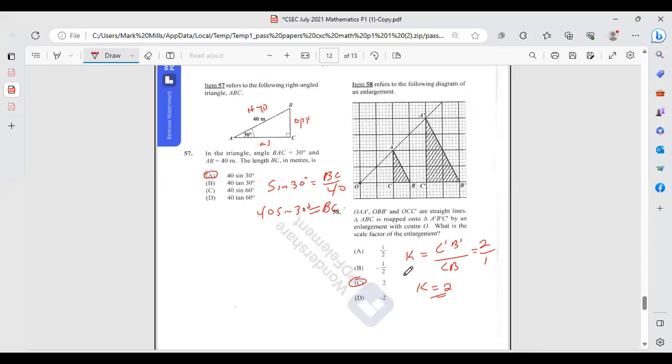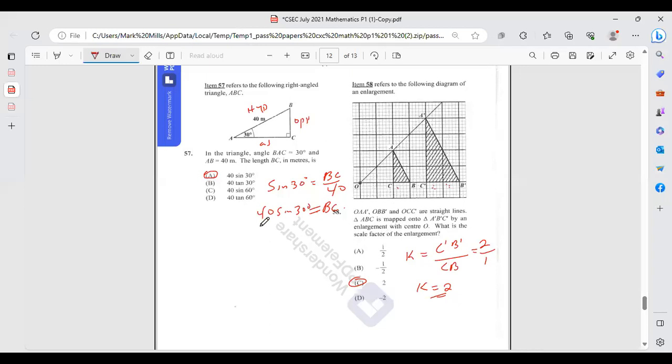Everybody see that? Sir, can you go over it again? Yes, sir. So for 58, to find a scale factor, it is the length of one side of the image divided by the corresponding side of the object. I repeat, the length of one side of the image divided by the corresponding side of the object. So CB, meaning from here, this is 2 boxes, 1, 2, divided by CB, which is 1.